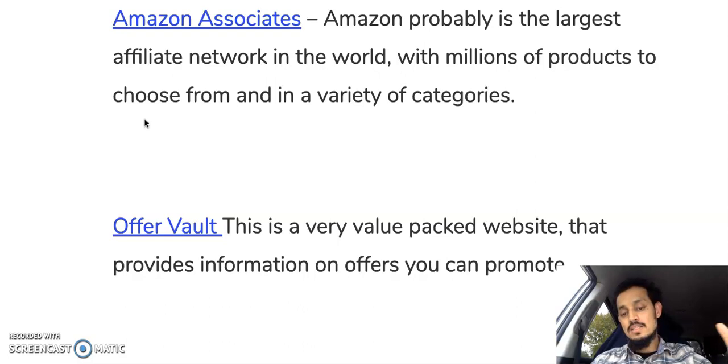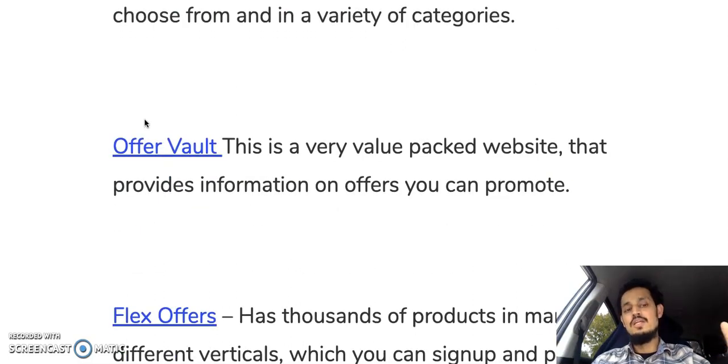OfferVault is the next one. This is a value-packed website that provides information on offers you can promote. It's not an affiliate network in itself, I think, but it provides information on different affiliate networks that have live offers that you can browse, and then links to go to these affiliate networks and sign up for these offers.